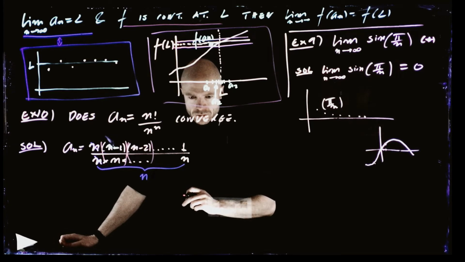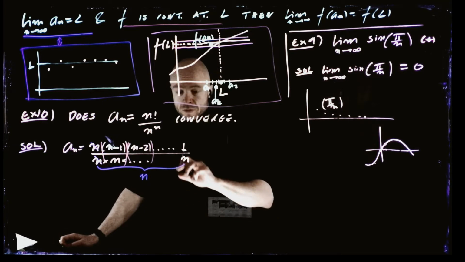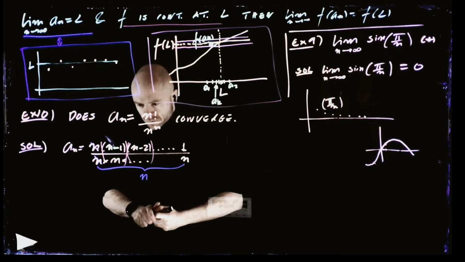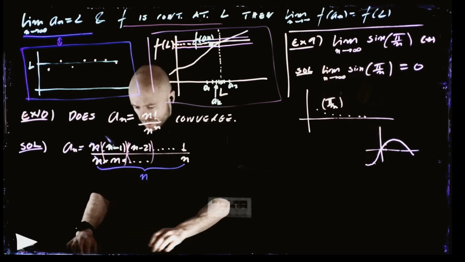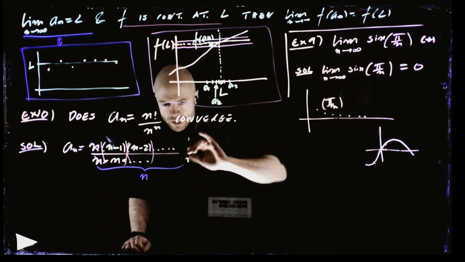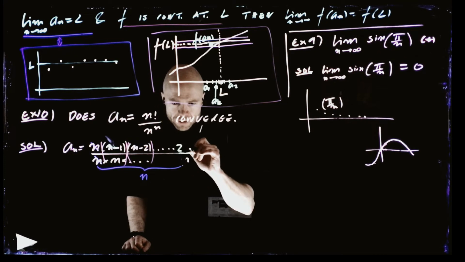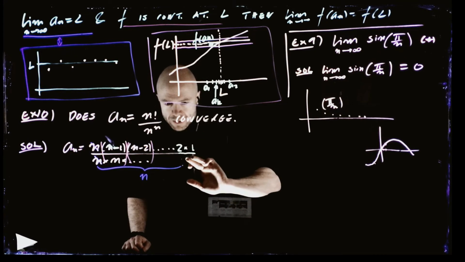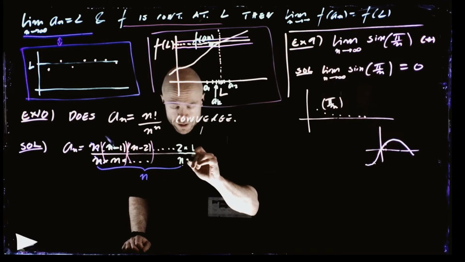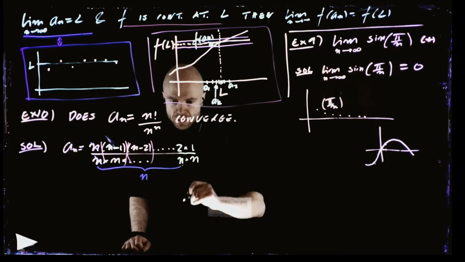Yeah? So the second to last term will be, let's make it a little bit bigger, the second to last term will be 2, and then the last term is 1. And the second to last term on the bottom is n, and then it's n again, right?